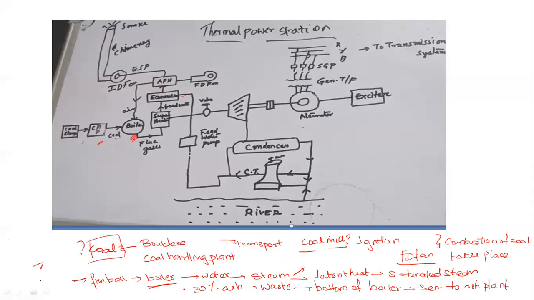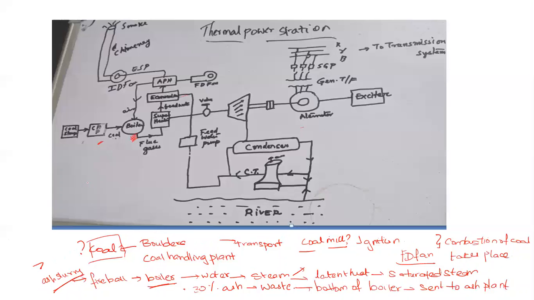Ash slurry means ash plus water mixed. In the ash handling plant, ash pumps transport it to the ash pond, which is about 3 to 4 kilometers away from the boiler and plant. This ash pond can accommodate the ash slurry for 25 years.